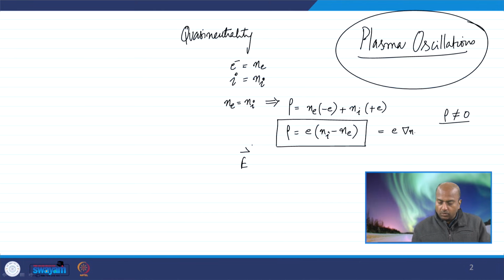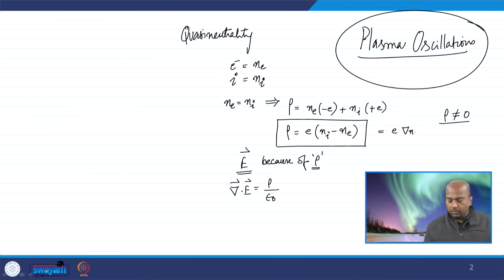So there is an electric field because of non-zero charge density. We can write the Gauss law: del dot E is equal to rho by epsilon naught.